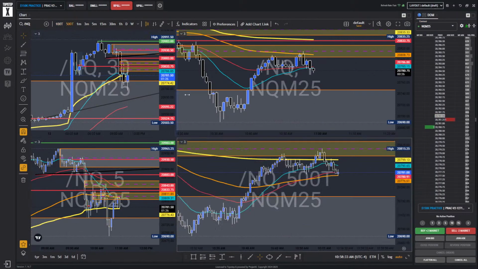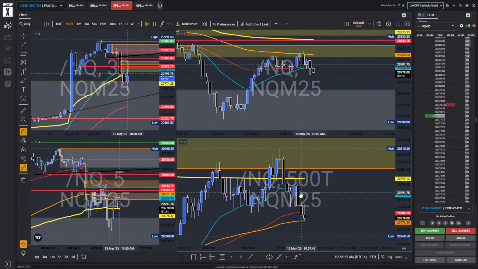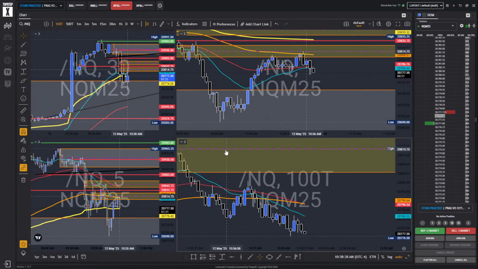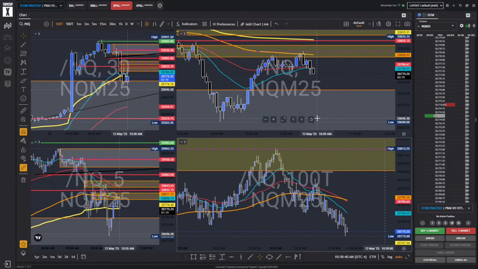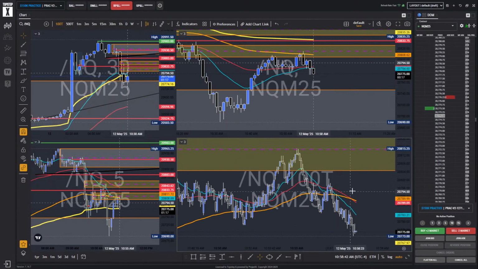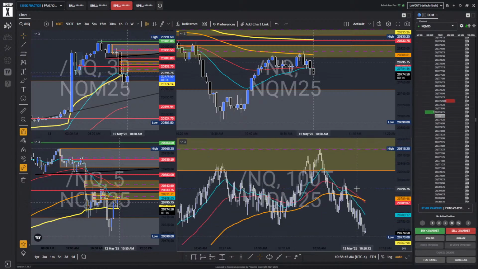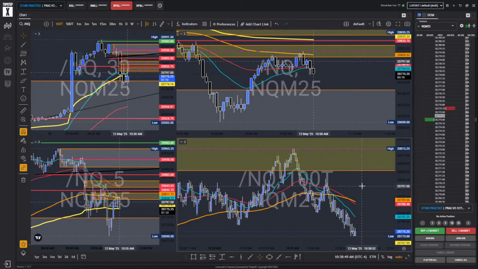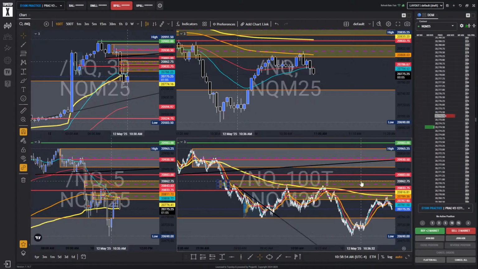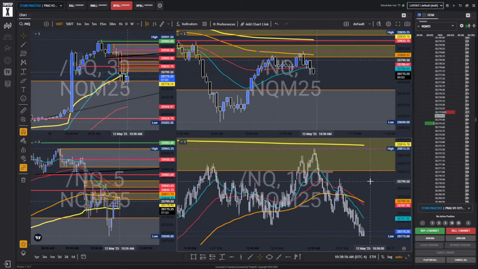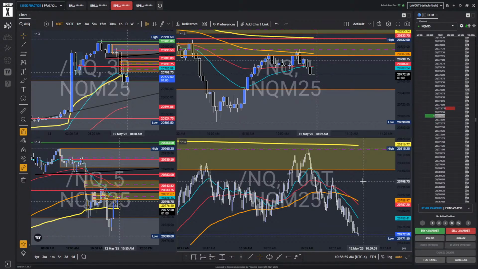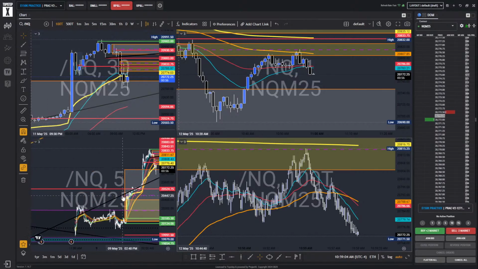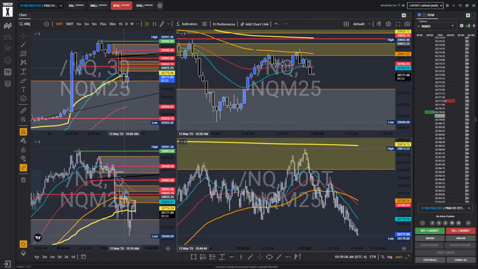Let me see what this looks like on the 500 scale here. Heading to a little bit of a sell side. Bit of confirmation here. So after zooming out, other scales do indeed confirm the idea that the NASDAQ is actually, the VWAP is just a little bit lower than we're currently looking at.